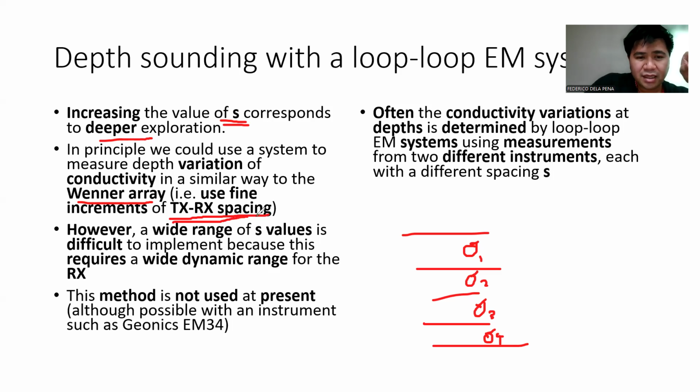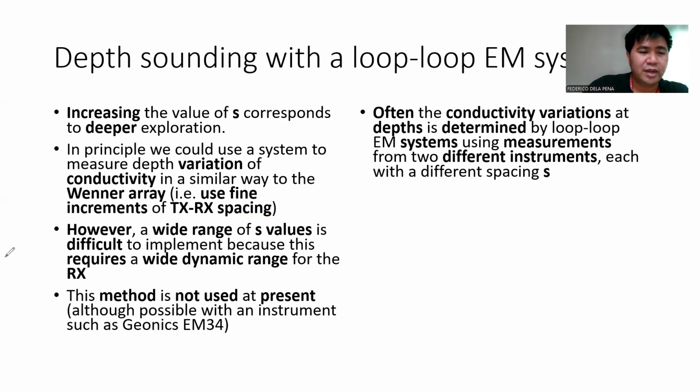Although again, it's difficult to implement practically because you have to have a receiver that can perceive different frequencies. Okay? So a receiver that can detect different frequencies is actually very hard to do or implement when you're talking about instrumentation.